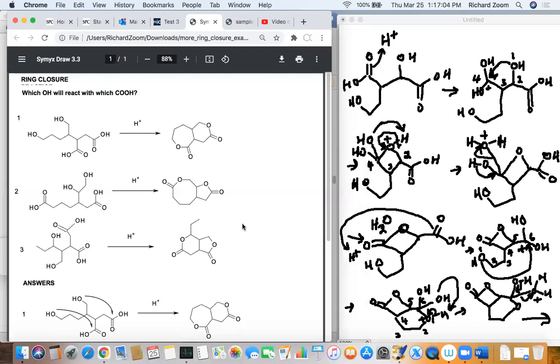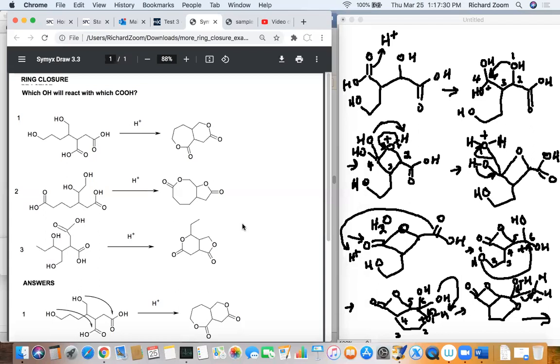But there are going to be situations where you can get fused rings by switching which OH reacts with which C double bond O. And in that instance, you've really got to be very certain that you're getting the right ring size for the product that you have in front of you. So I might have to do a little adjusting in the way I explain that.